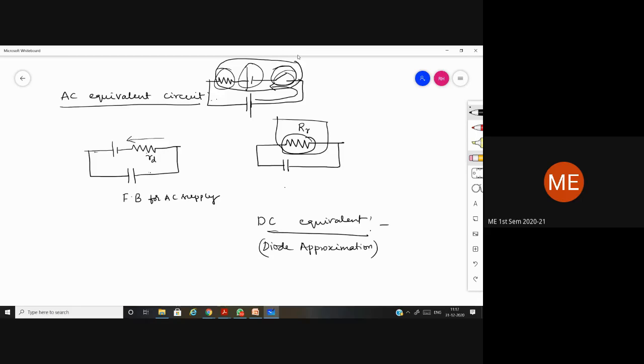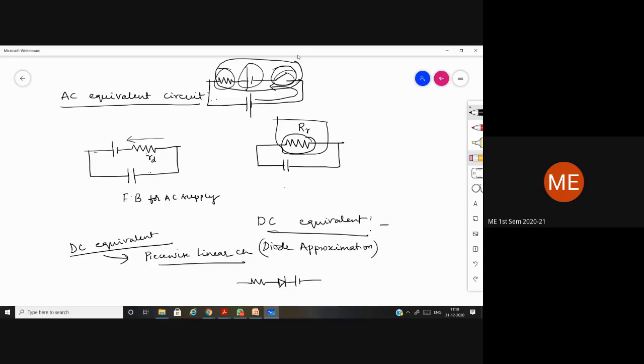At least now can anyone tell me? The resistor and an ideal diode, and a battery. Yes. Diode approximation we have done, no? Piecewise linear characteristics. These are all DC equivalent circuits only.